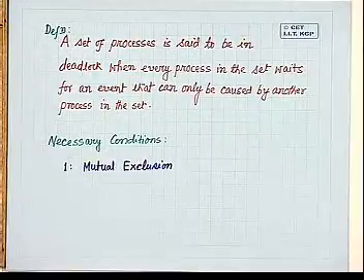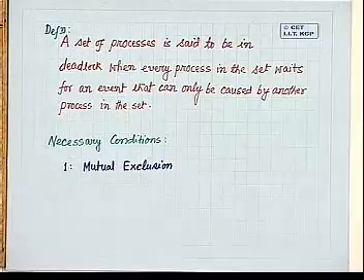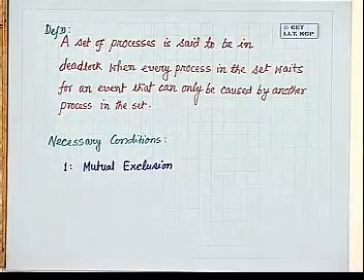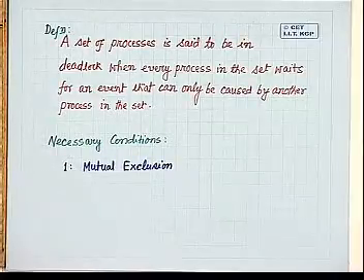Say, for example, a printer. A printer cannot be simultaneously shared by more than one process, because in that case the output of different processes will get mixed up, and from the printout you will not be able to understand which is what. So there must be at least one resource in the system which cannot be shared by more than one process. That is mutual exclusion, the first condition for the occurrence of deadlock.